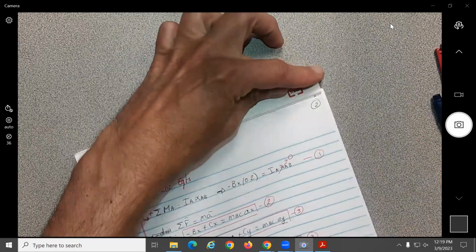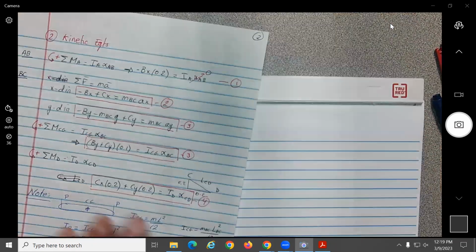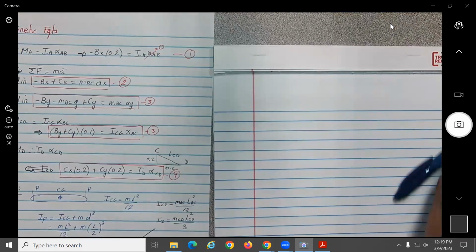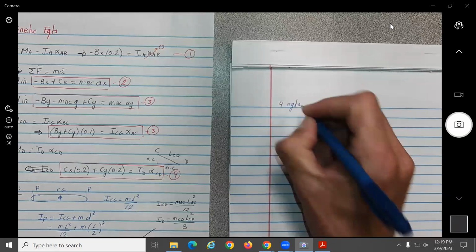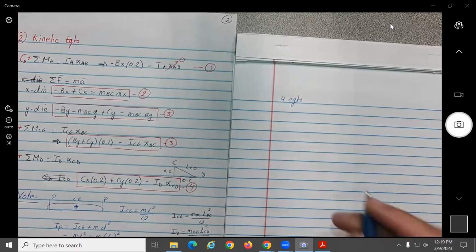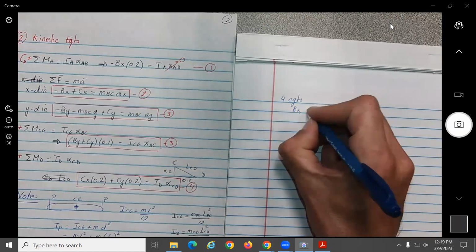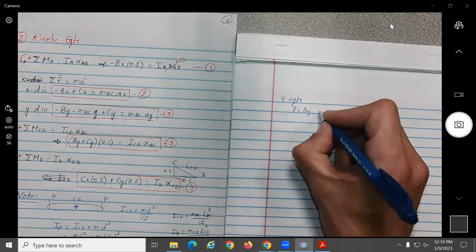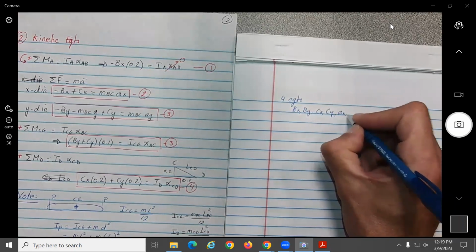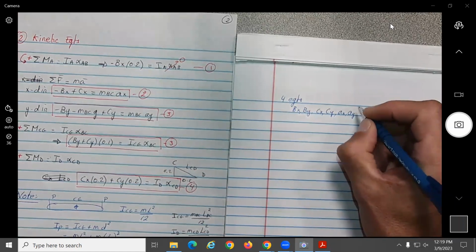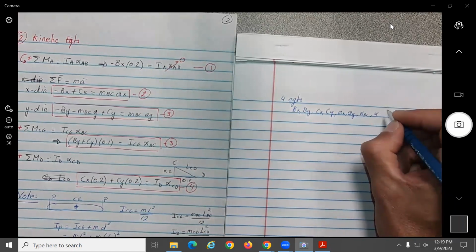We get to this point, and now we need to do the next step. Let's say we have 4 equations, but really it's only 3 equations, okay? Let's say what will be the unknowns that we have. So let's say B_x, B_y, C_x, C_y, A_x, A_y, alpha_BC, alpha_CD.